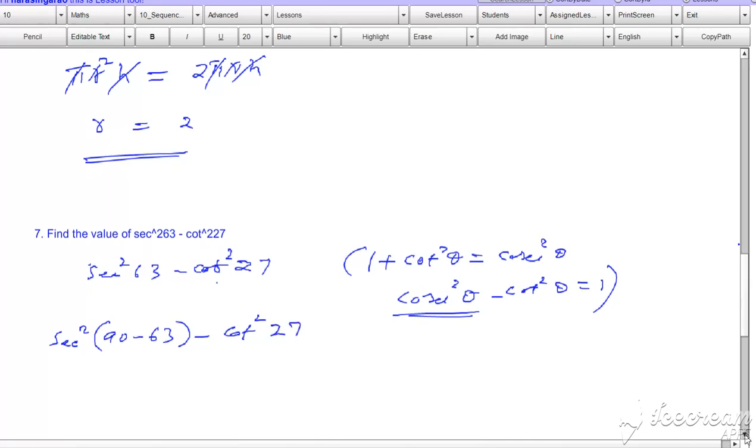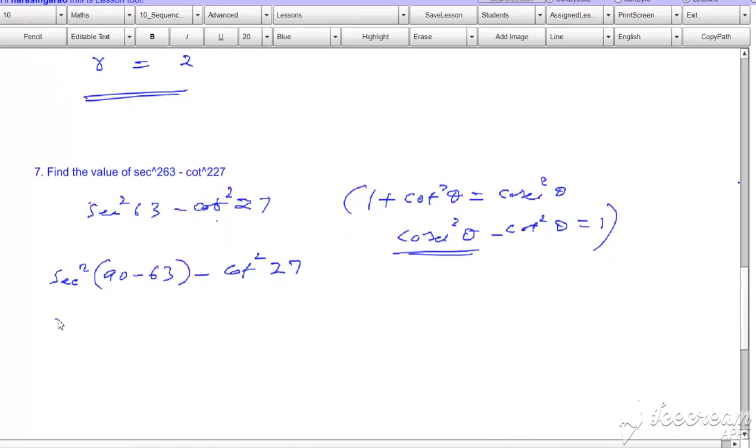So you'll get secant square (90 minus 63) is equal to cosecant square 27, since 90 minus 63 is 27. So it is cosecant square 27 minus cos square 27. See, cosecant square theta minus cos square theta equal to 1. So the answer will be 1.